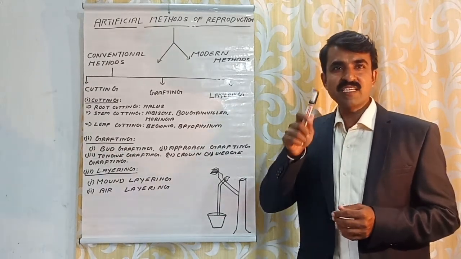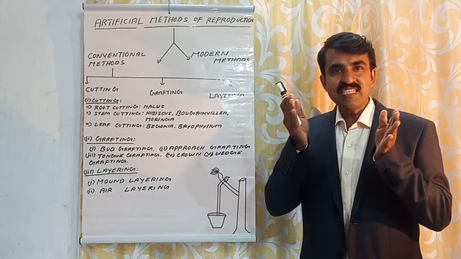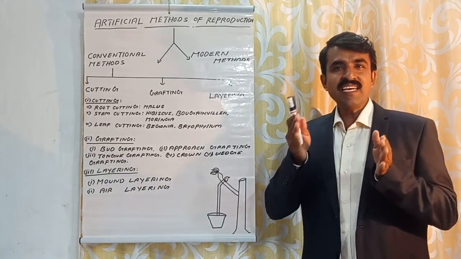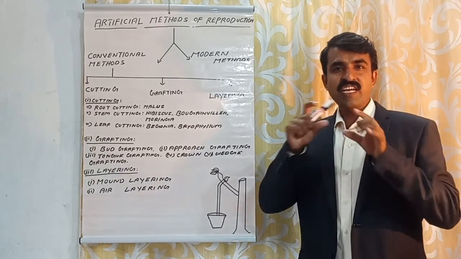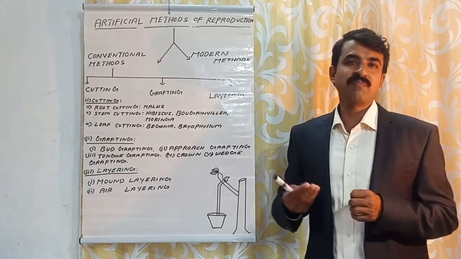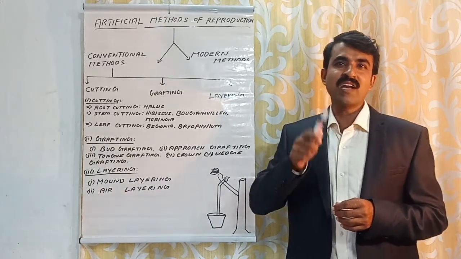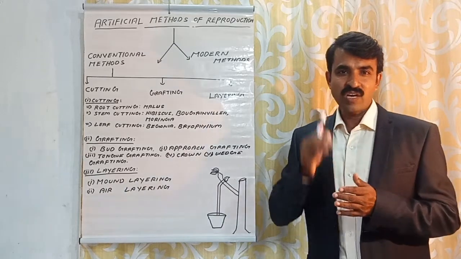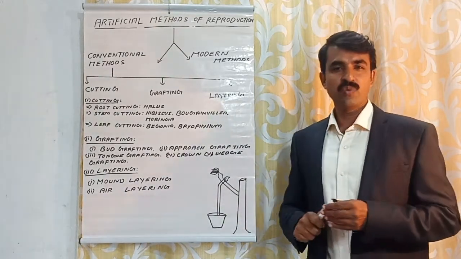The name itself indicates that shield is the shape of the bud, and T is the shape of the cut given on the rootstock. So it got its name from the shape of the cutting. The incision should be given through the bark and not the wood. The bark should be cut out and not the wood.